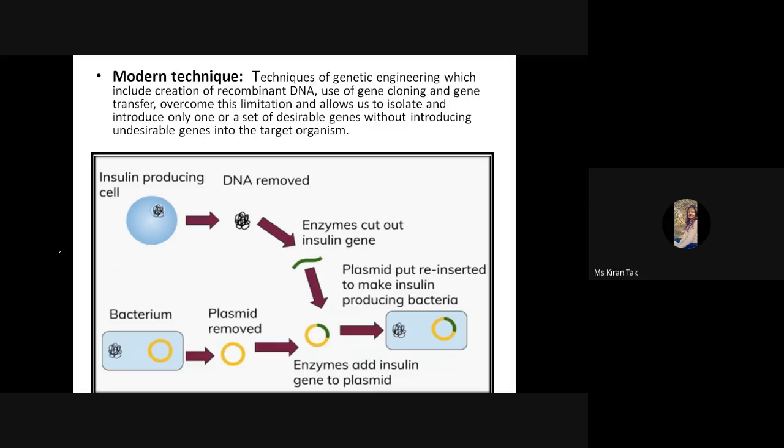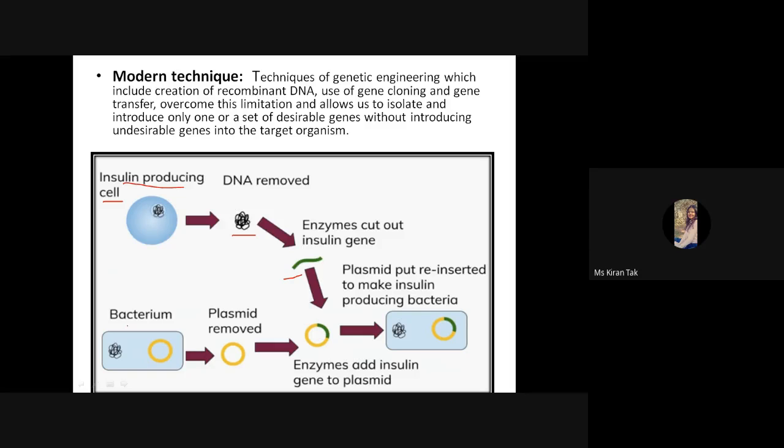So as we can see in the given figure, this is the insulin producing cell. Okay, and first the whole genome is isolated. This is the whole genome, and then our desired gene of insulin is cut with the help of the enzyme. This is the desired gene, and then this desired gene is ligated with the other DNA.